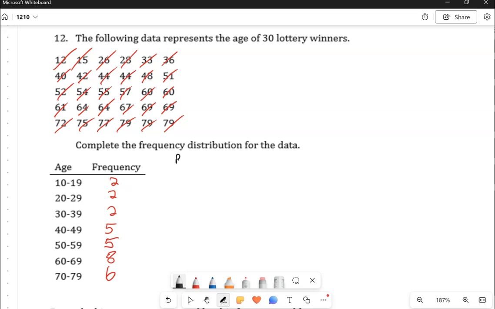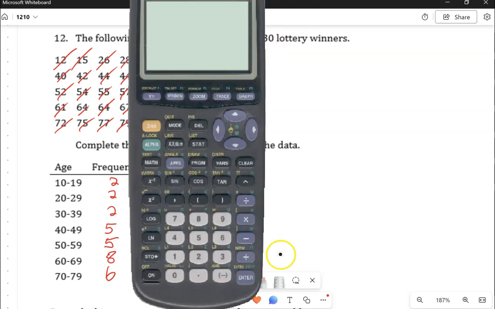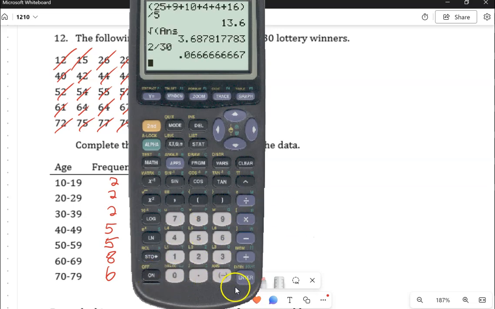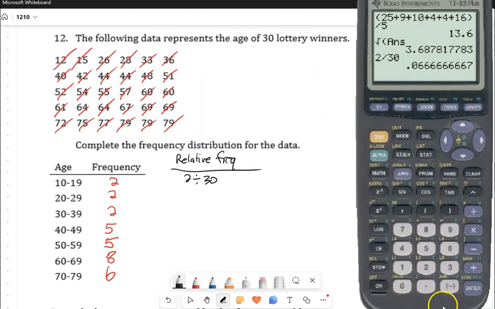Now, if it had relative frequency, then we'd have to take the 2 and divide by how many there are, 30, and then determine where do we want to round that.